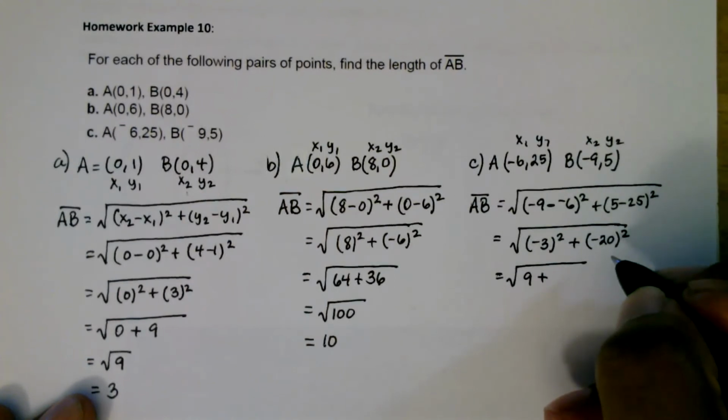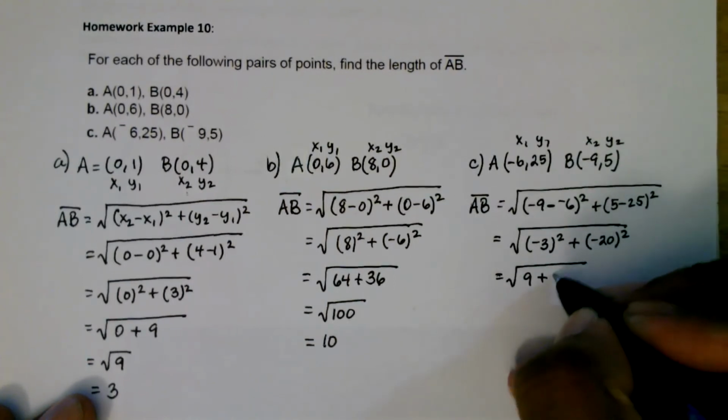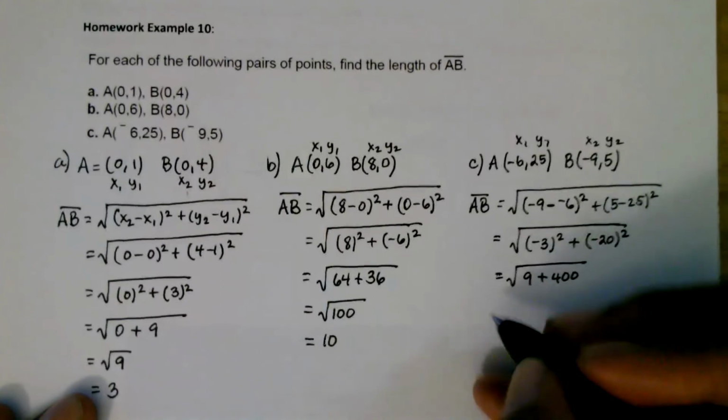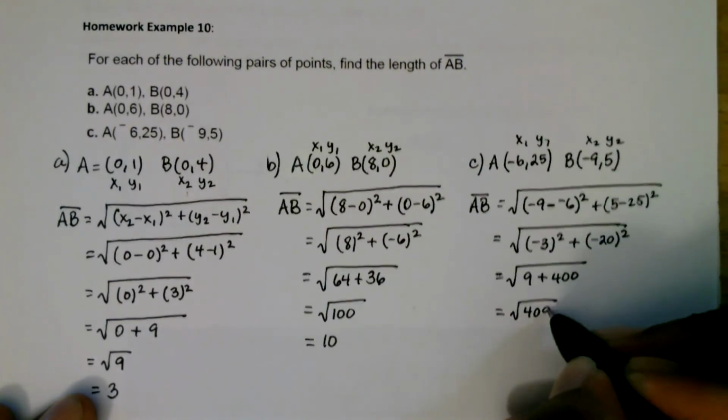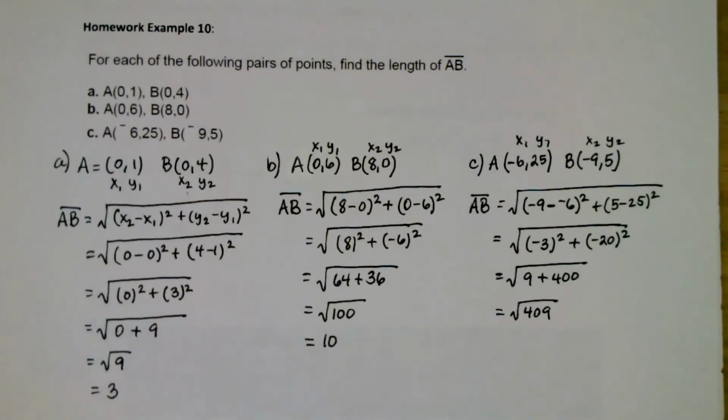Plus -20 squared will be -20 times -20, that's 400. Add 9 to the 400, you'll get the square root of 409. That would be as far as I would go with that problem, because there's no way I'm going to simplify that in terms of radicals here. So it just has to be the square root of 409. They want the exact answer for that problem.